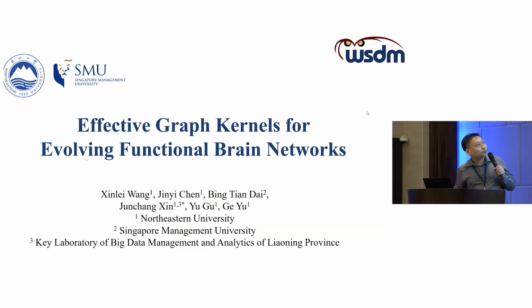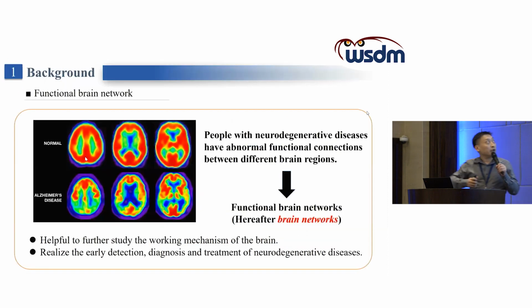Okay, so let me give you the problem setting first. We are looking at the functional brain network. In particular, we try to study the brain networks of people who have Alzheimer's disease.